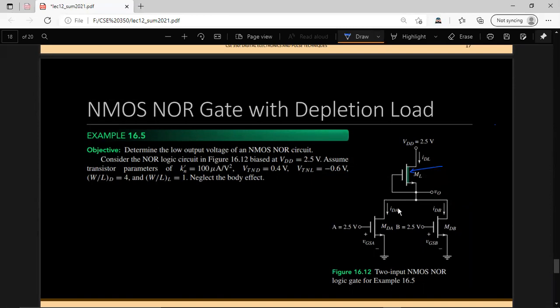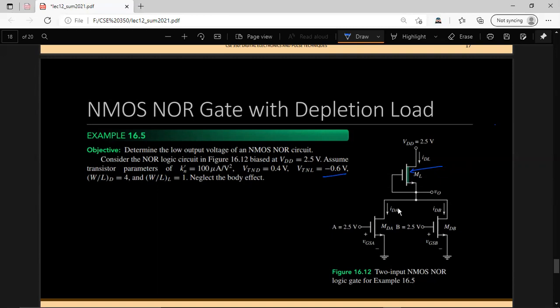This colored region means that whenever the gate voltage is zero, the channel is turned on, or the channel is present. Therefore, we need to apply a negative threshold voltage to actually turn off the channel, or put this MOSFET into the cutoff region.